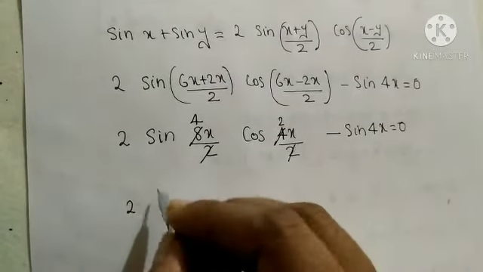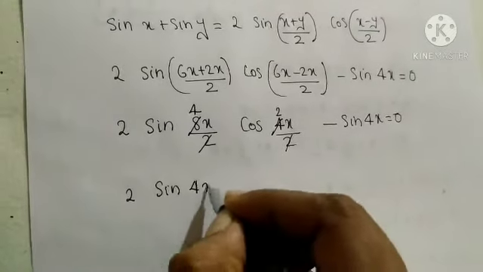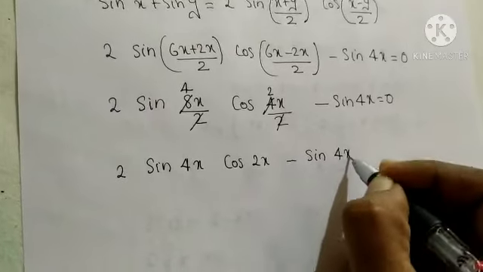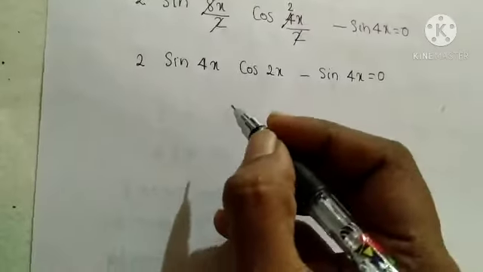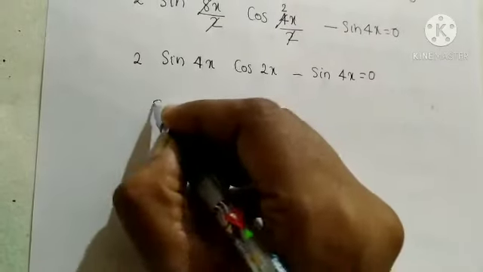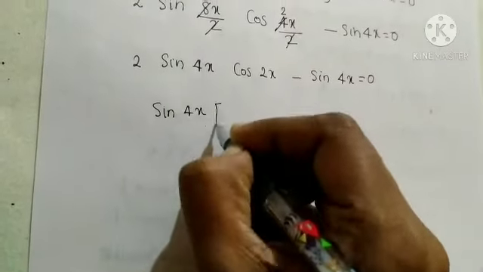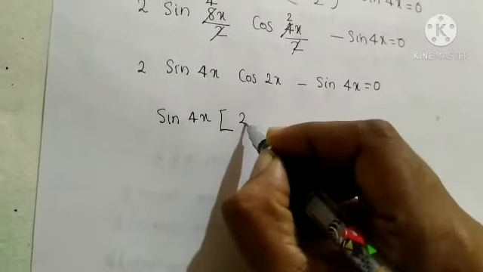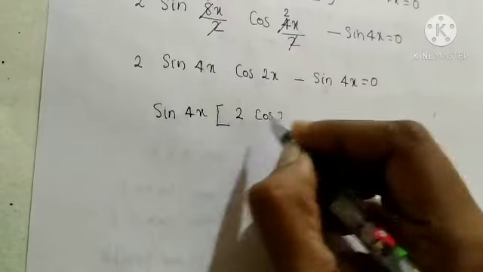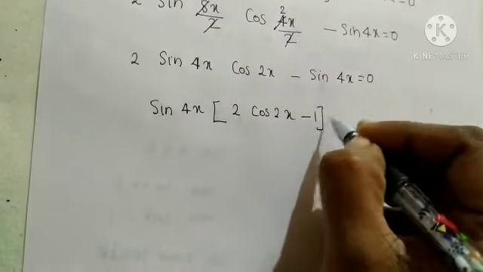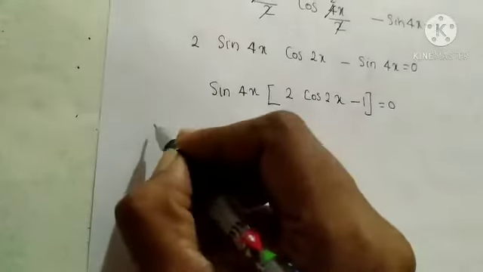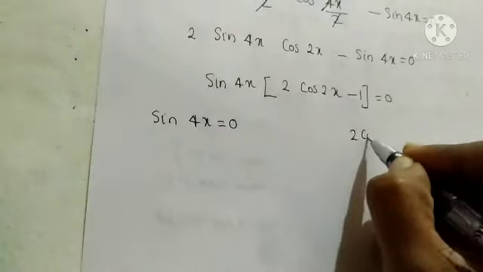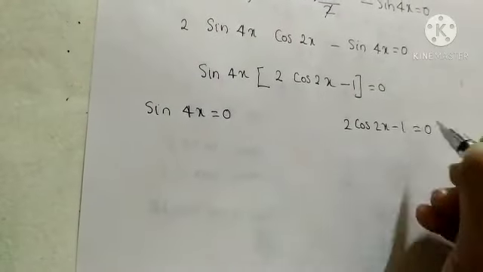So the next step will be 2 sin 4x into cos 2x minus sin 4x equal to 0. If we observe this step, sin 4x is common, so taking sin 4x from these two terms, it will become sin 4x into 2 cos 2x minus 1 equal to 0. So from this, either sin 4x equal to 0 or 2 cos 2x minus 1 equal to 0.